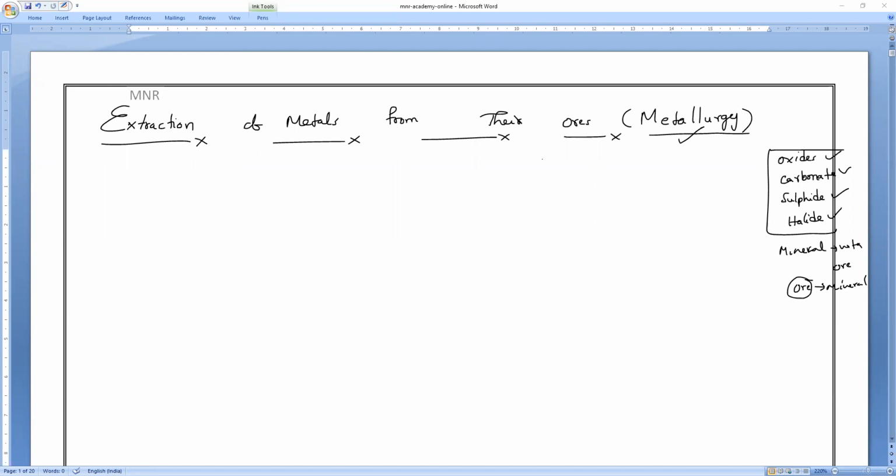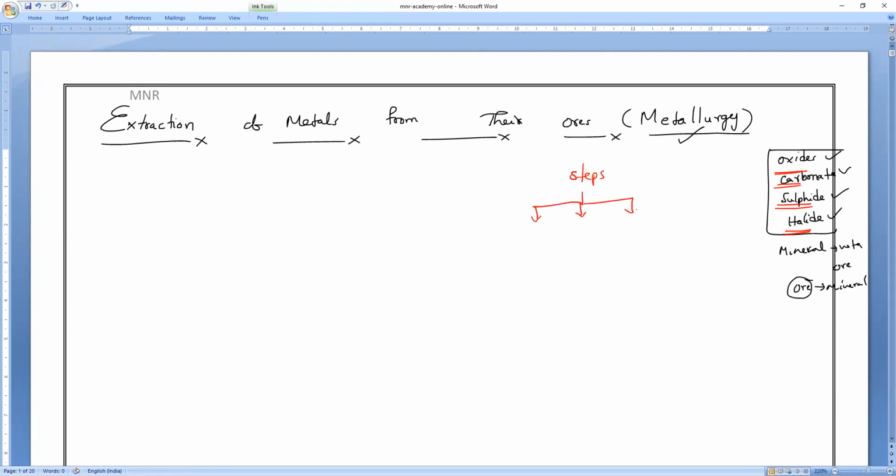Now let us see, metallurgy of a particular metal is carried out in various steps, and different metals will follow different processes based upon the type of ore, whether it is oxide ore, carbonate ore, sulfide ore, or halide ore. Keep it in mind, the steps we follow depend on 3 different factors.